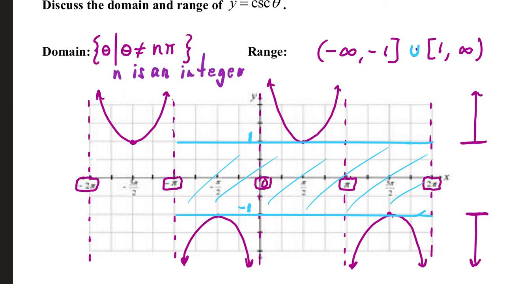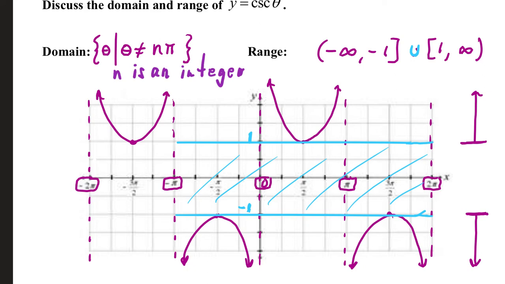Now let's get to the range. The range is all the answers you get once you press enter, or all the values of y on a graph. Sine fluctuates up and down between negative 1 and positive 1 forever.